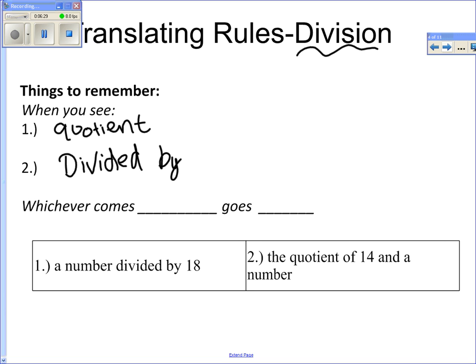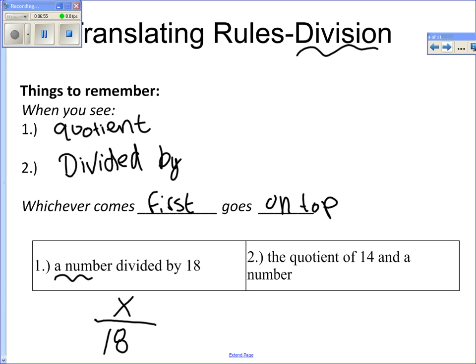The key to those key words is that whichever comes first in the sentence goes on top, which, as you remember, is the numerator. So a number is written first, divided by 18. So that means that x is going to go as the numerator and then divided by 18.